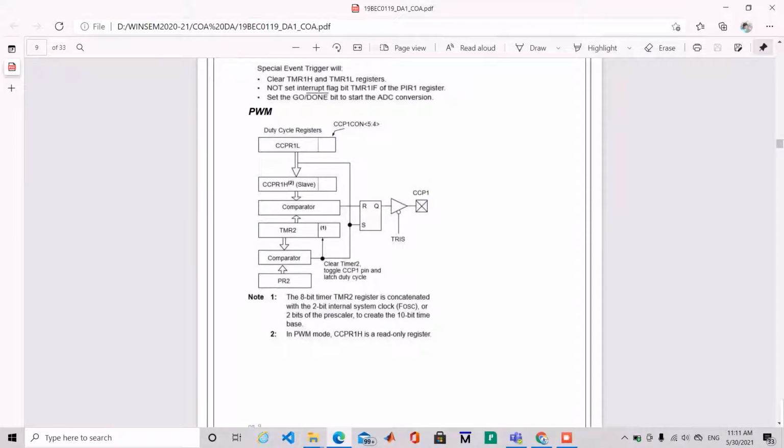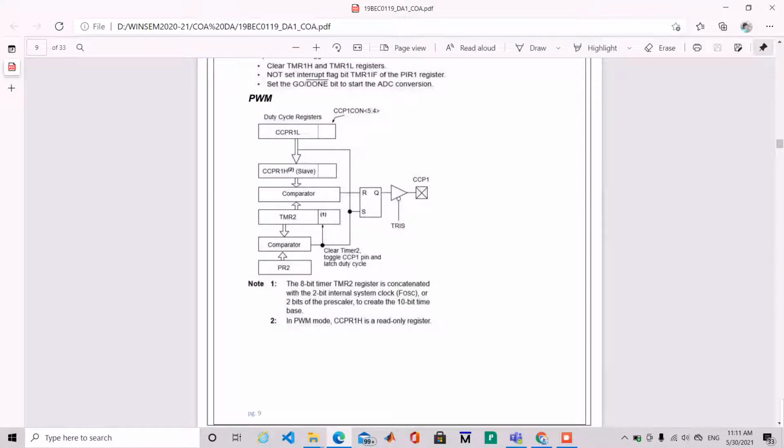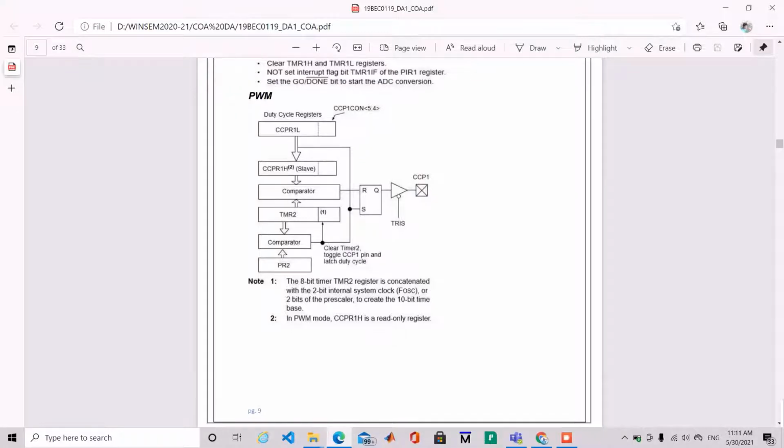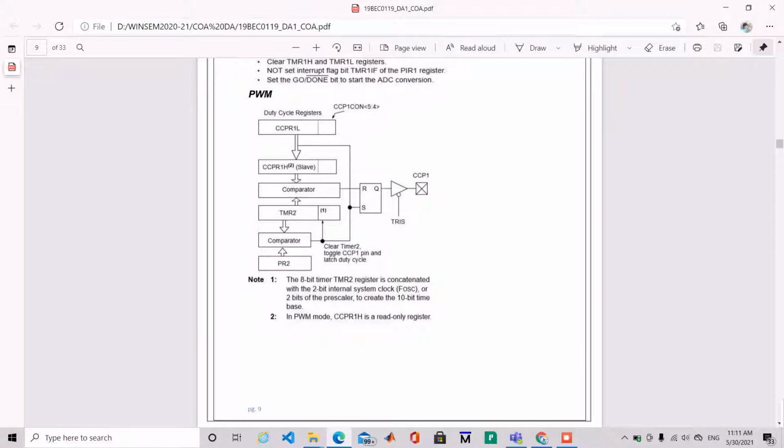And this is the PWM internal block diagram. Here the noteworthy point is the 8-bit timer TMR2 register is concatenated with the 2-bit internal system clock or 2 bits of the prescaler to create the 10-bit time base. And in PWM mode, CCPR1H is a read-only register, and it is not a write register.